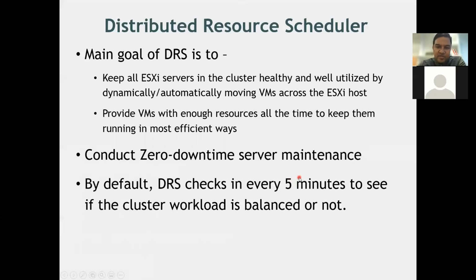We can change it to 1 minute or even longer, 15 minutes, 30 minutes. But by default, 5 minutes is there. So every 5 minutes, it is going to check in the cluster whether the workload is balanced or not. If it is not balanced, then it will try to balance the workload across the cluster. And if it remains balanced, then it is going to check again after 5 minutes.